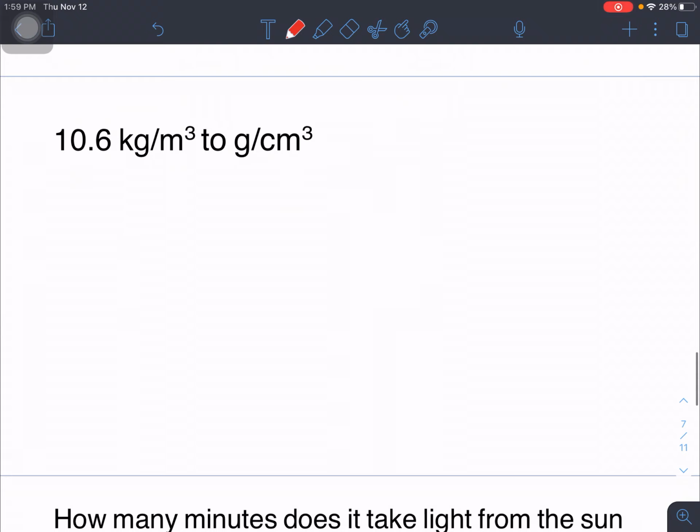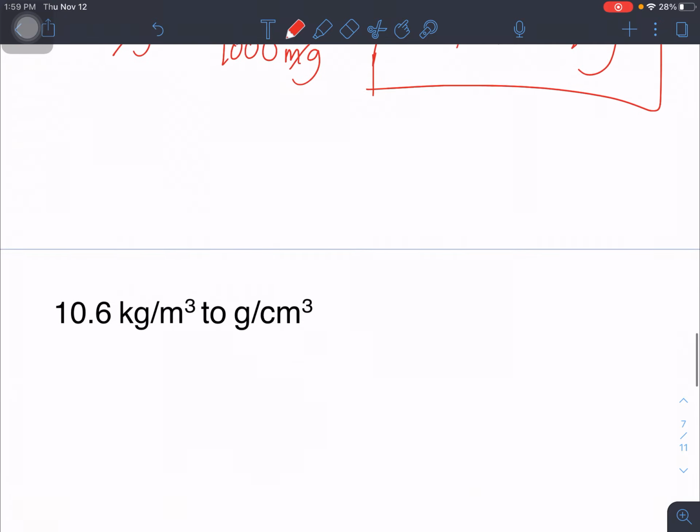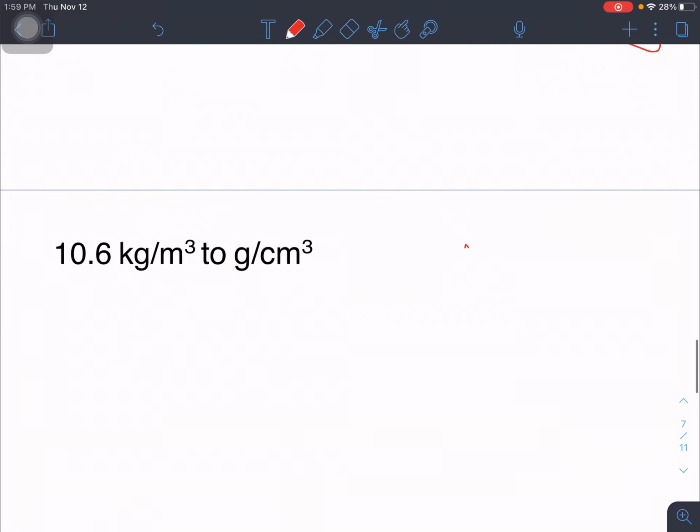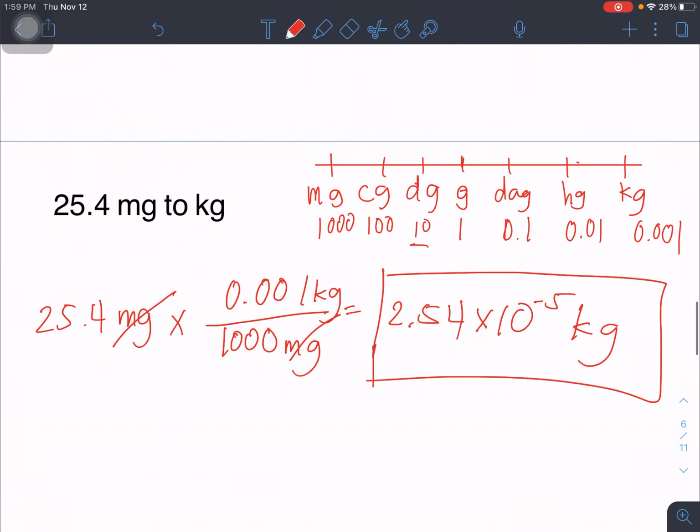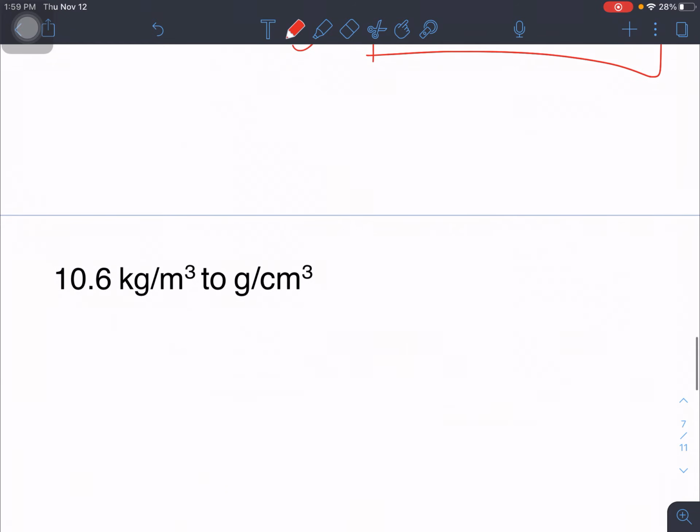So next one, kilogram per meter cube to gram per cubic centimeter. So I'll be having again this number line, the number line earlier. Okay, so 10.6 kilogram over meter cube. So we would like to express it to gram per cubic centimeter.